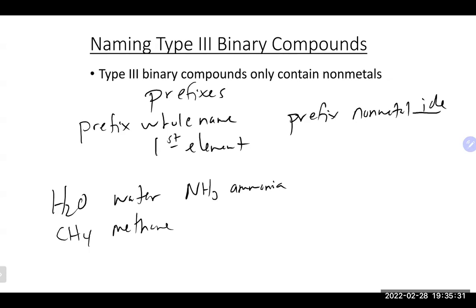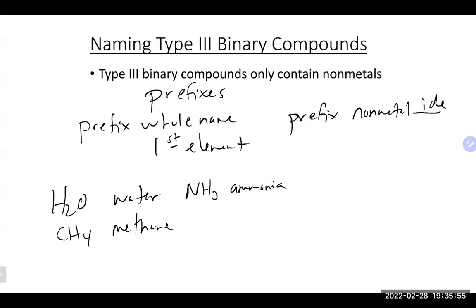Now, when we have hydrogen involved, although hydrogen really is a nonmetal and you have hydrogen together with another nonmetal, even though that's really two nonmetals together, we really don't treat it or name it like a nonmetal situation.